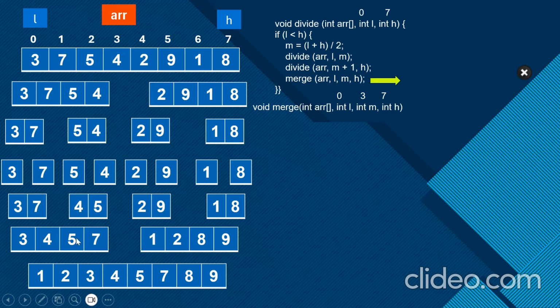We will assume that this subarray and this subarray are being merged to form this subarray, right? So we would be taking up 3 and comparing it with 1, right? And if the element from this subarray is the smaller one, that is assigned to the current position of this array. Otherwise the element from this array is assigned to this array, right?